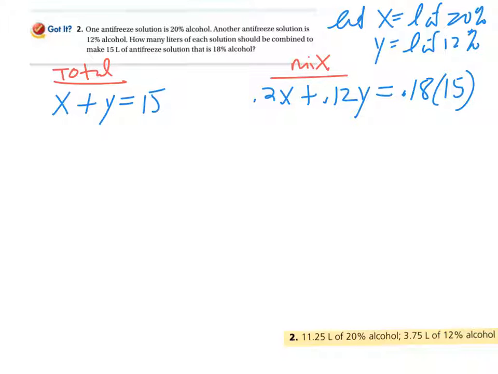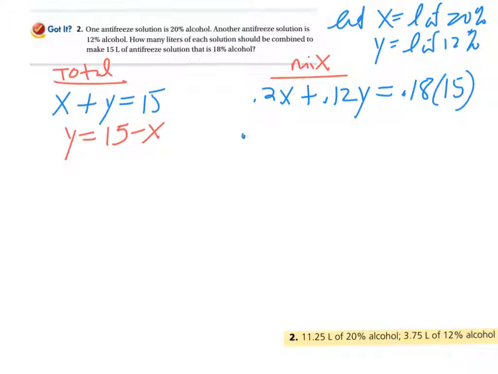Now, on these, it's obviously easier to solve for one given variable with the total equation. So I'm going to say that y is equal to 15 minus x. So that part right there, that's what I'm going to use to substitute into this equation for y right here. So let's do that.